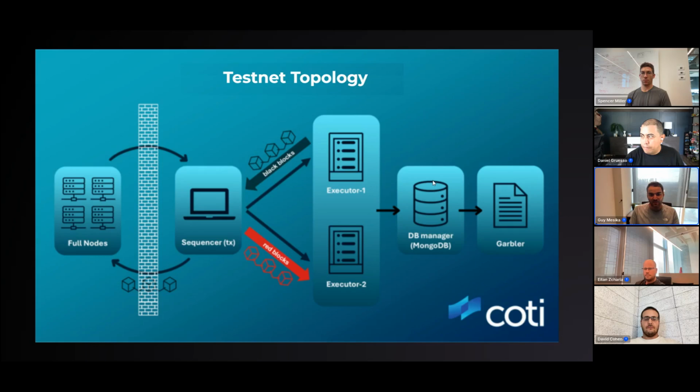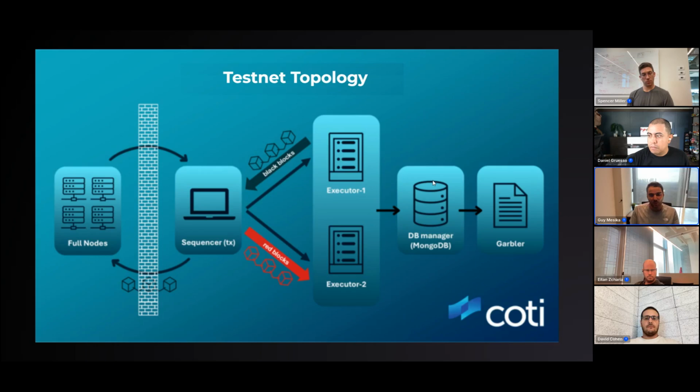That's sent to the executors who do the multi-party computation, produce a black block that is sent back to the sequencer and then gets propagated to the rest of the network. So red blocks are blocks that contain the data encrypted by the user, for example, and black blocks contain the new data that's encrypted by the network. That's the difference between the red one and the black one.